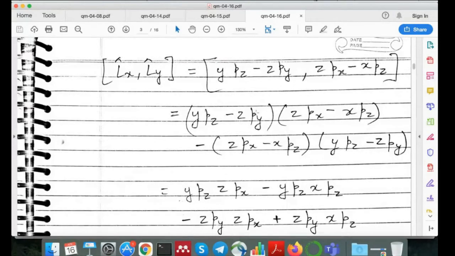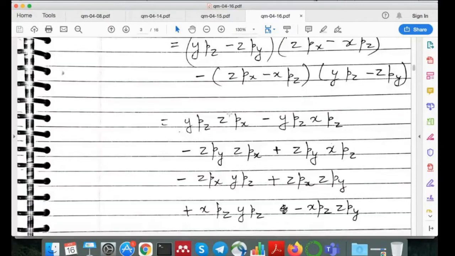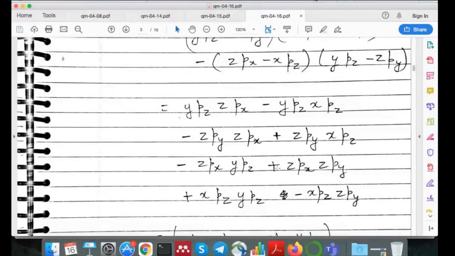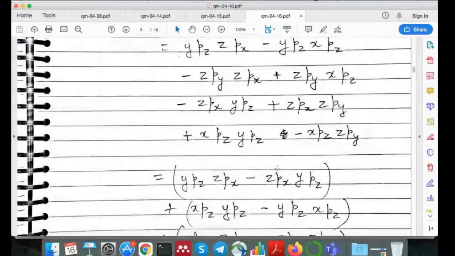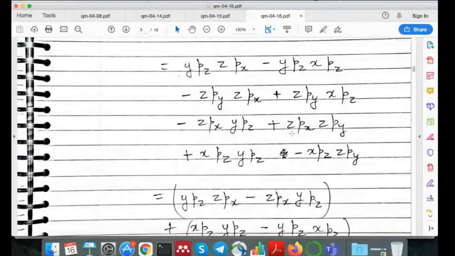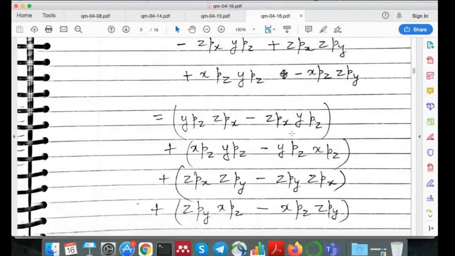Now we take the commutator relation, which is AB minus BA, and we open up all the brackets, so we'll get 8 terms. You can see what the commonalities between these 8 terms are.